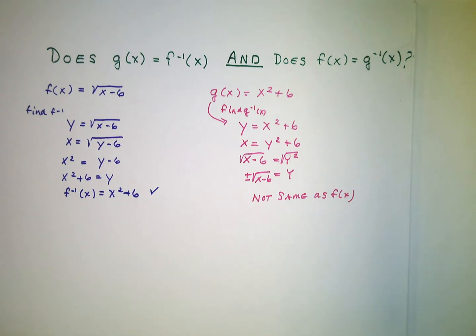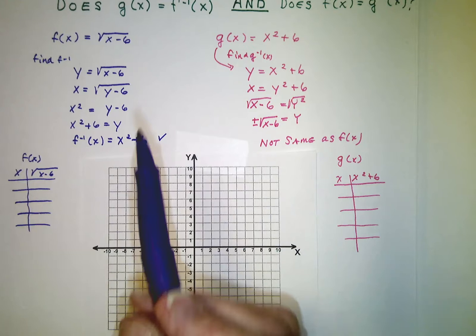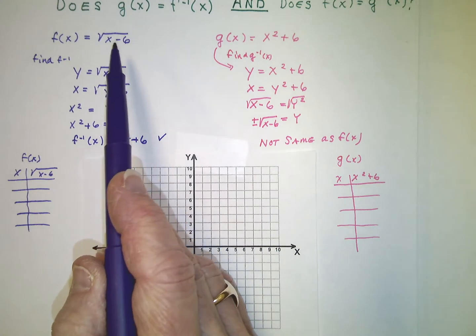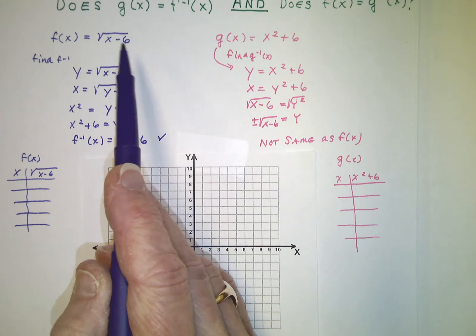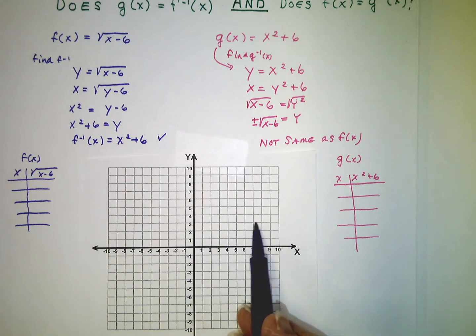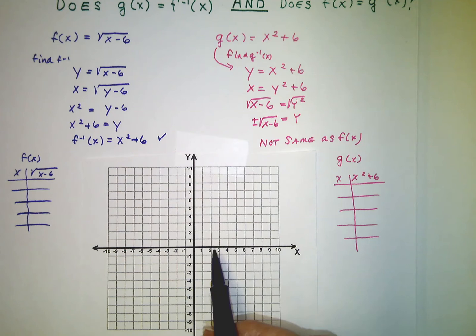Let's check it out on the graph. Now, I set up tables, but you would know what this graph looks like from its parent graph. And because the 6 is in with the x, it's going to be doing the opposite. So instead of starting at the origin and making this sideways parabola, top half of a parabola, it's going to start at positive 6. It's going to move 6 bases to the right.